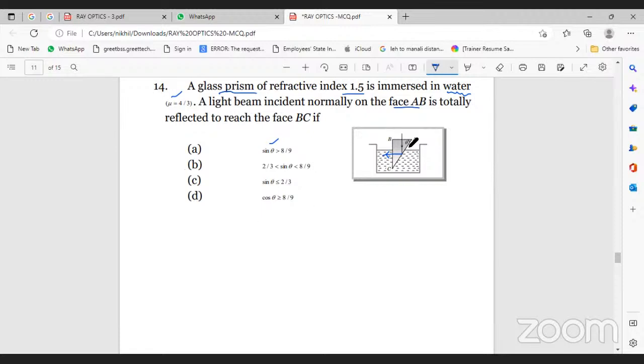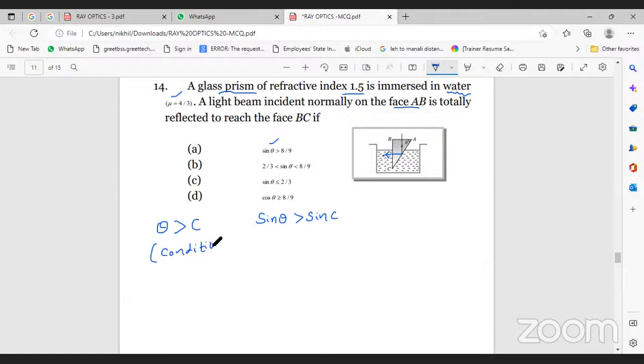So here, what is the angle of incidence? Theta, right? So that sine theta, can I conclude, should be more than the sine of the critical angle? Because total internal reflection will take place if the angle of incidence is more than the critical angle.